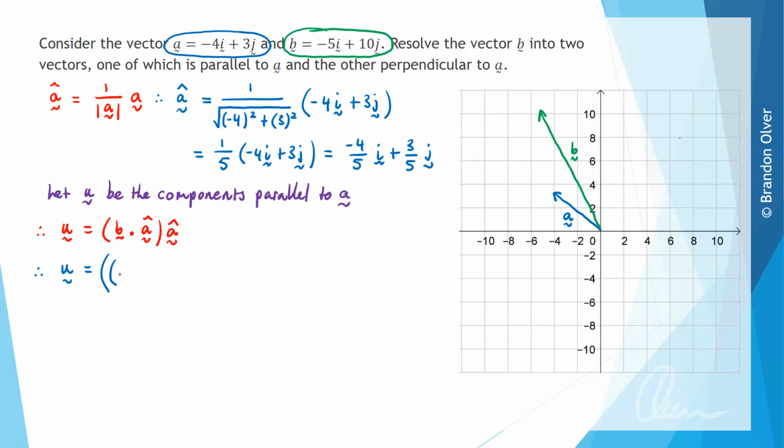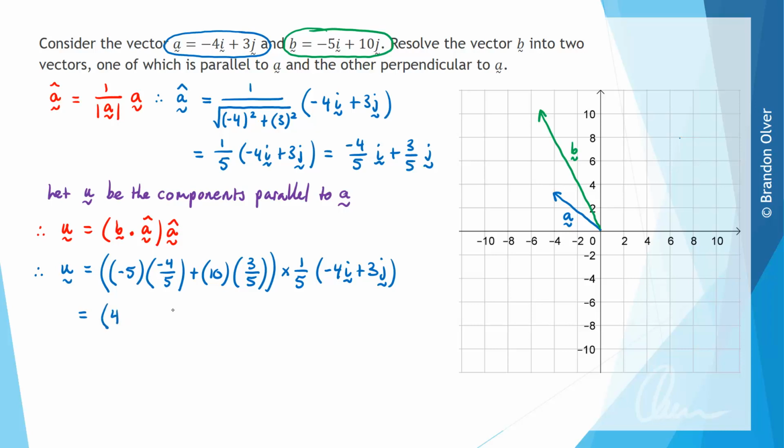So therefore u is equal to, and the first thing we do is calculate this dot product, which is going to equal minus 5 times minus 4 on 5, and then we add on to that the 10 multiplied by 3 on 5. And then we still need to multiply that by the unit vector, which can be written as 1 divided by 5 times minus 4i plus 3j. Simplifying that out, minus 5 times minus 4 over 5 is simply positive 4.